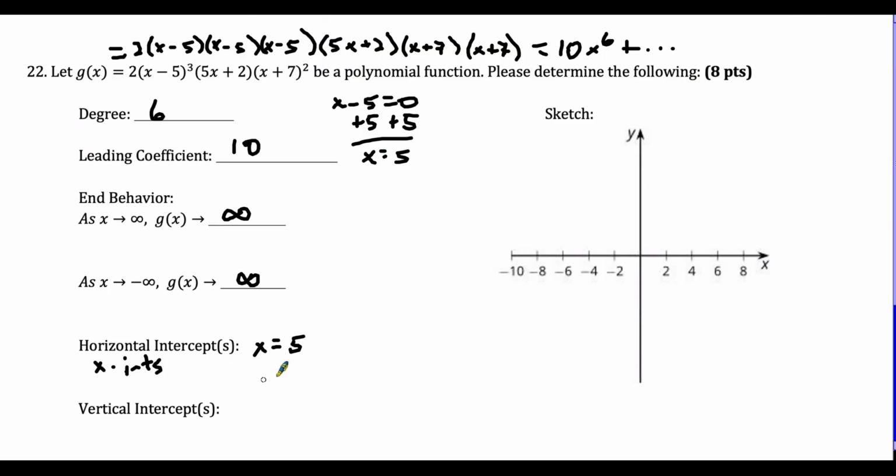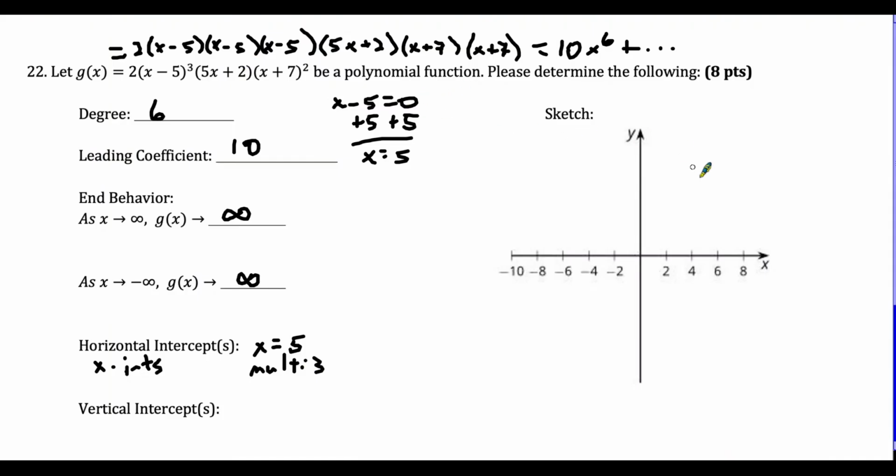Now, we also need to think about the multiplicity of each of these intercepts. So the multiplicity of that x-intercept is 3. That tells me important information about how the graph behaves.